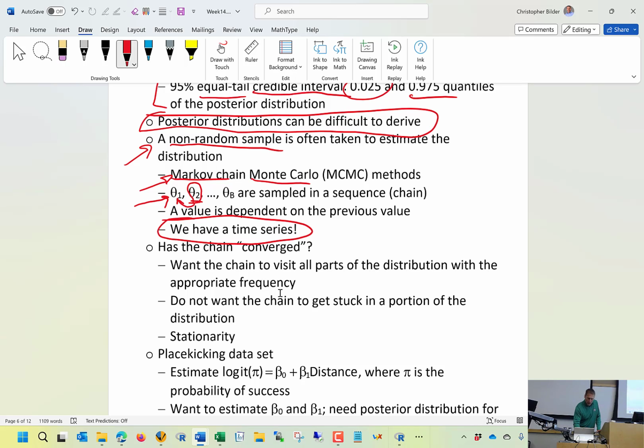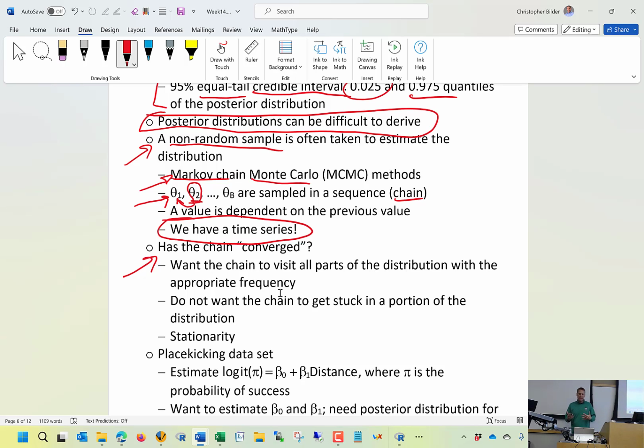One of the most important questions someone using Bayesian methods has to answer is, we often call this a chain, not necessarily a time series, because of the Markov chain name: has my chain converged?